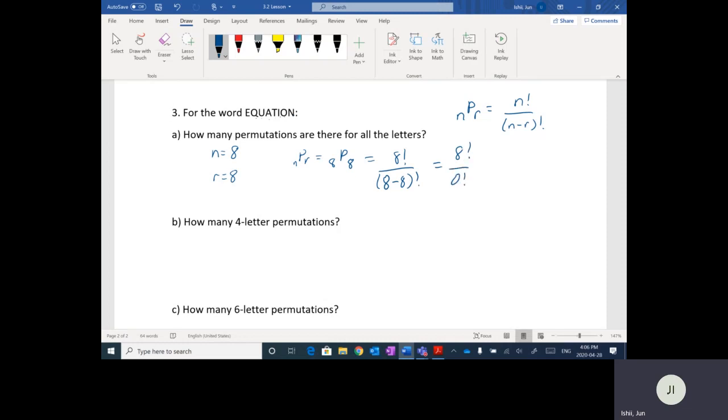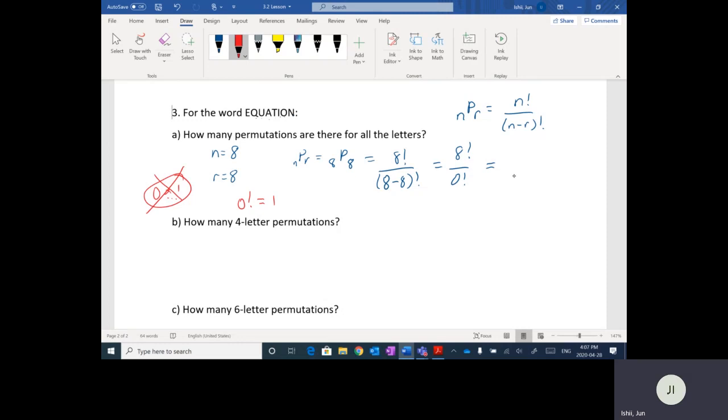Now this actually brings up one more thing to note, is that 0 factorial is not equal to 0, right? You might be thinking, oh, well, you start at 0, then how am I going to actually end up at 1, right? It's not even possible. So as a rule, 0 factorial is actually equal to 1.